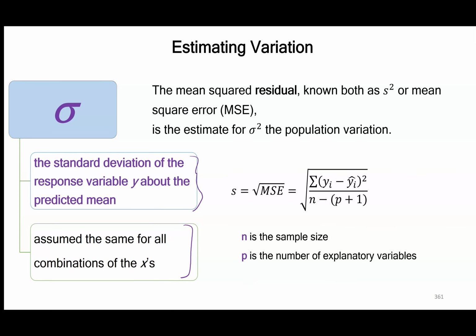So the mean squared residual is known as S squared. It's our estimate for sigma squared. So if I want to estimate sigma, I will use S, which is just the square root of what's called the mean squared error. We're squaring the differences between every observation and the line.